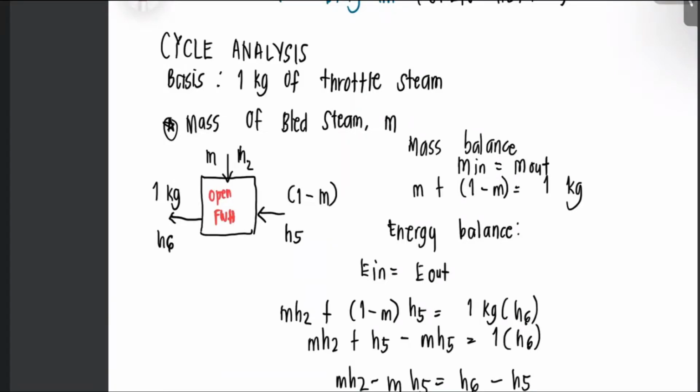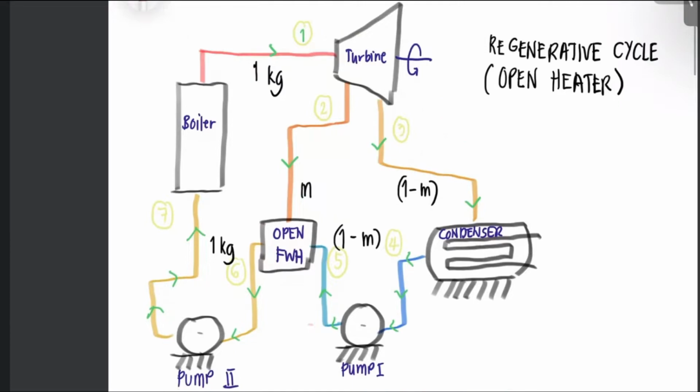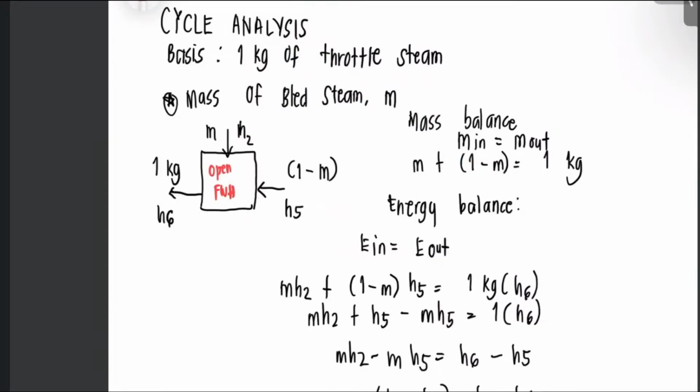So, from here, diba, class, ito yung kino-consider natin, ditong part, ito, class, na part, the open feed water heater. Entering natin na mass is the M plus the 1 minus M is equal to 1 kilogram, kung yan yung magiging basis natin.